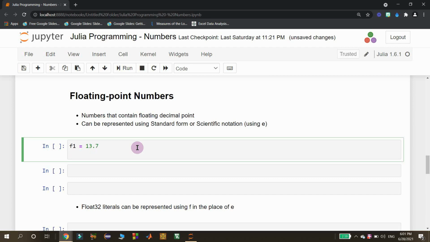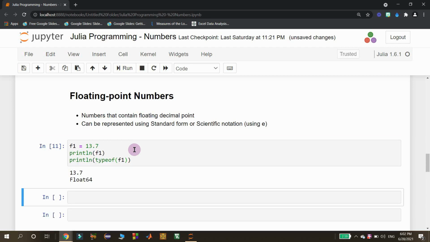Then I display the value in f1 and its type. 13.7 is the value, and the type of f1 is a 64-bit floating point number. Because my system is a 64-bit system, by default a floating point number is 64-bit.